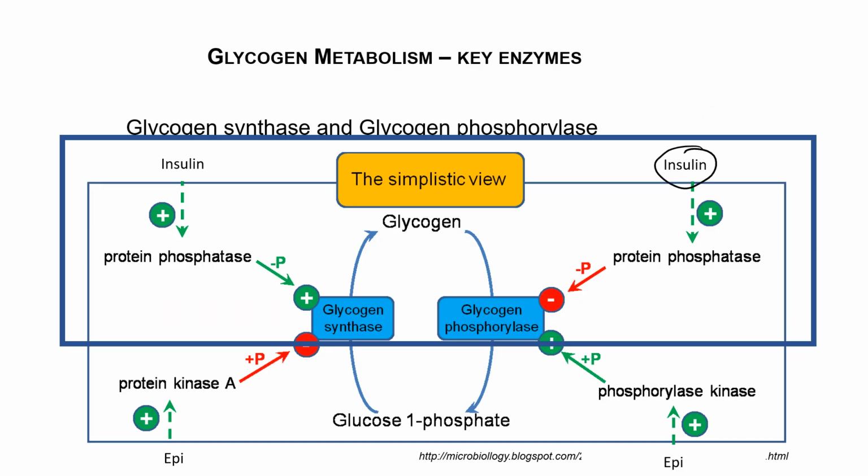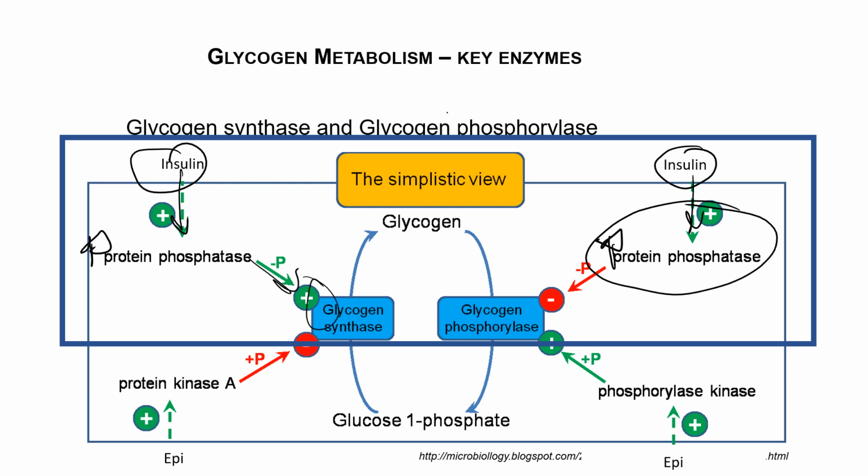So you know that when insulin binds to the cell, it increases the activity of protein phosphatase, right? These two sides are showing the exact same thing. Insulin binding to the insulin receptor increases the activity of protein phosphatase. You know that protein phosphatase dephosphorylates glycogen synthase and makes glycogen synthase active. But what I haven't shown you yet is that protein phosphatase will also dephosphorylate this enzyme, which is known as glycogen phosphorylase.